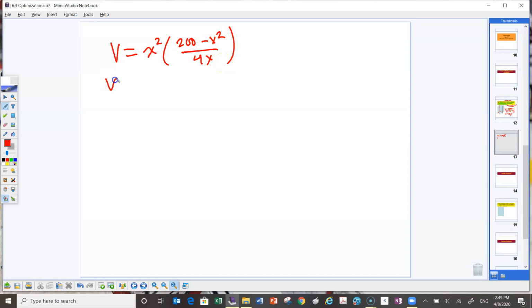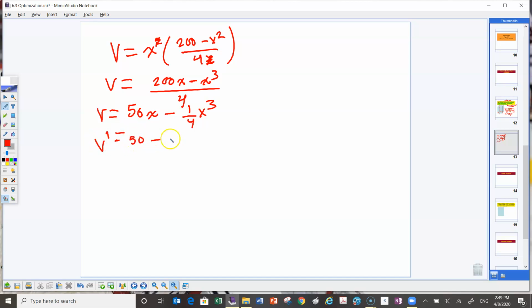Well, we can simplify this a little bit before we take the derivative. This x can eliminate one of those. Now I can distribute the x to the numerator to get (200x minus x cubed) over 4. And if you want, you could divide each of these by 4 to get 50x minus 1/4 x cubed, and there's your volume formula. Now, like we did before, we take the derivative, so this is going to be 50 minus 3/4 x squared.